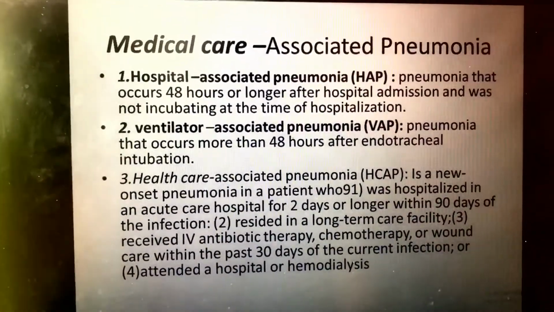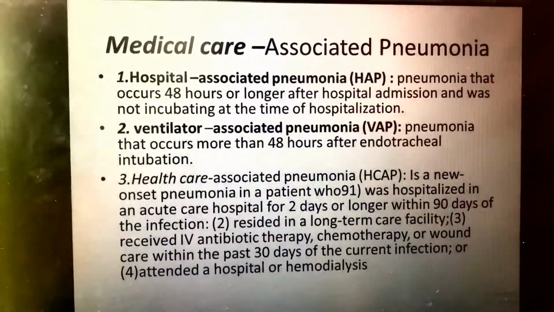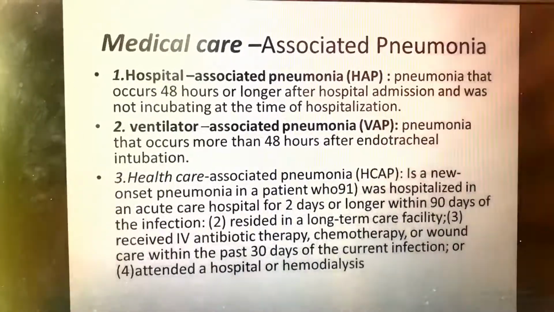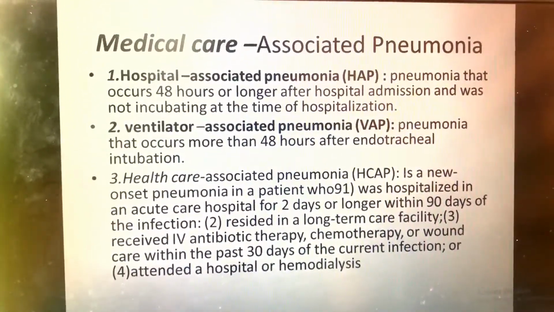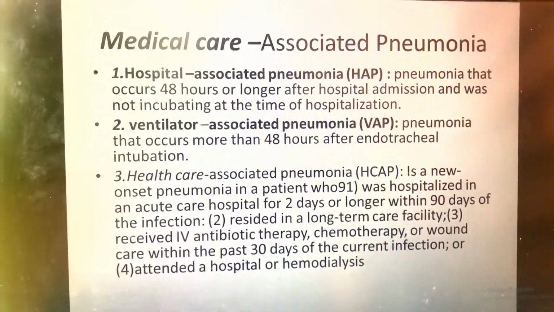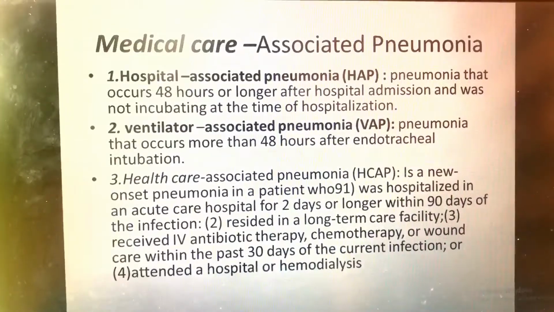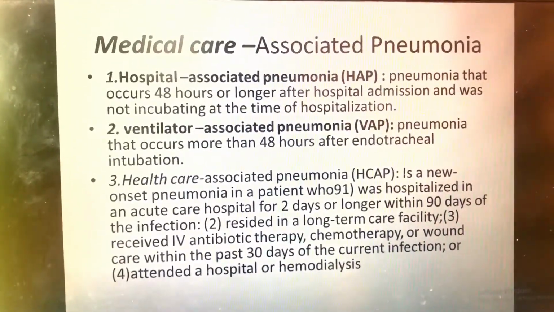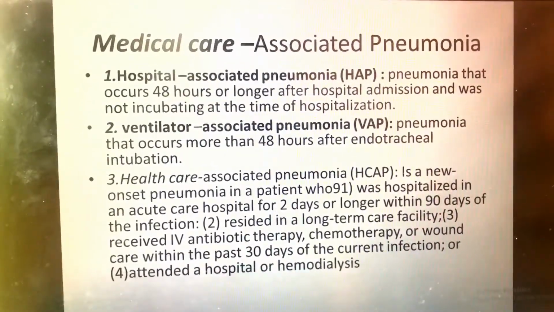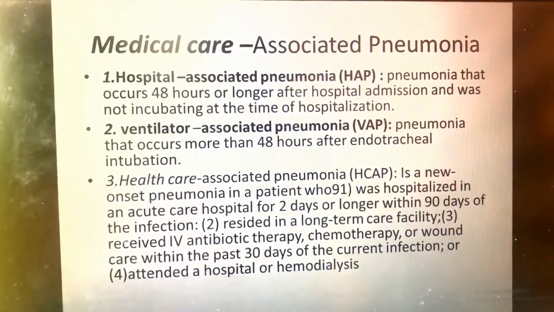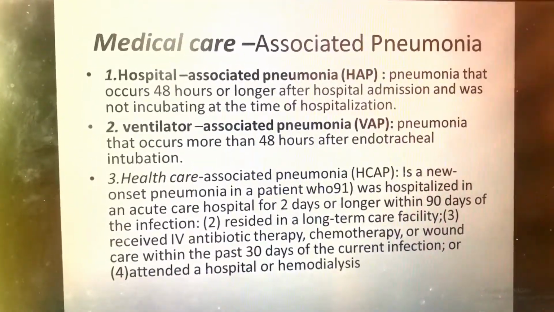It's a pneumonia that occurs 48 hours or longer after hospital admission and was not incubating at the time of hospitalization. What do we mean here? You admitted the client without signs and symptoms of pneumonia, but within 48 hours, the client begins to show the signs of pneumonia. This will be classified as hospital-associated pneumonia.